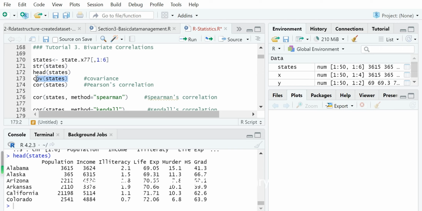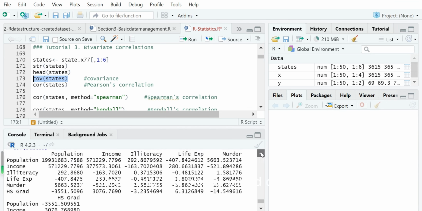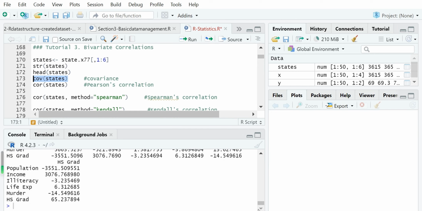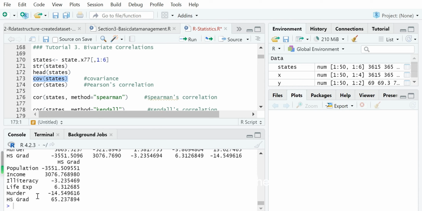If we want to calculate the covariance, you can use the function cov in R. So cov(states) will calculate all the bivariate covariances between variable pairs. For example, the result shows a 6 by 6 matrix, but because it can only show 5 columns, the last column is shown in the second part.